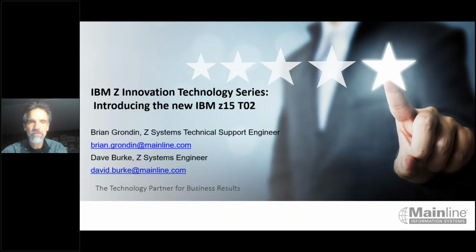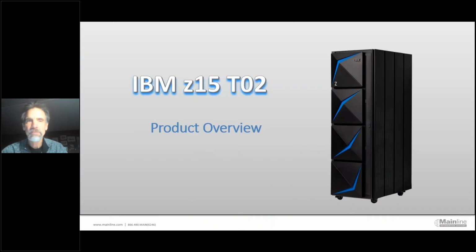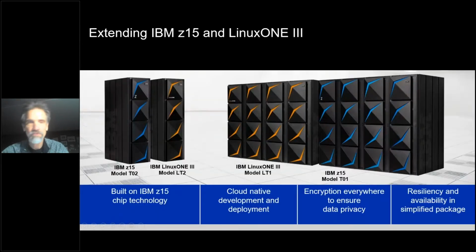Anyway, I think we can move on and talk about the Z15 T02. It is the single frame option that joins the previously announced T01 that was announced last year. That's the multi-frame option. We used to call these things business class and enterprise class.